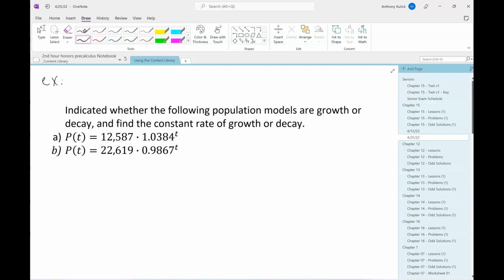Here we have: indicate whether the following population models are growth or decay, and then find the constant rate of growth or decay. So what part do we need to be looking at here to tell if it's growth or decay?